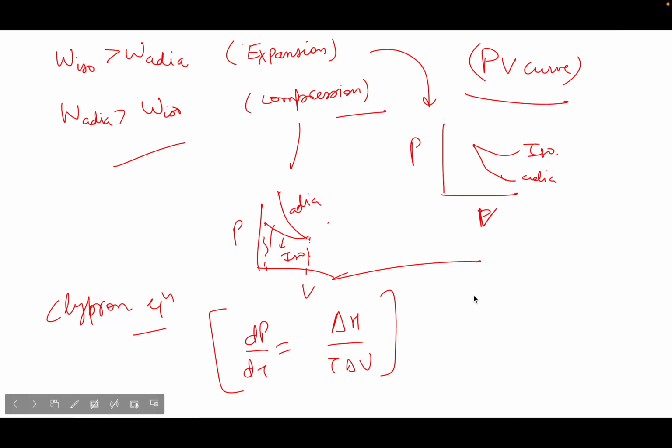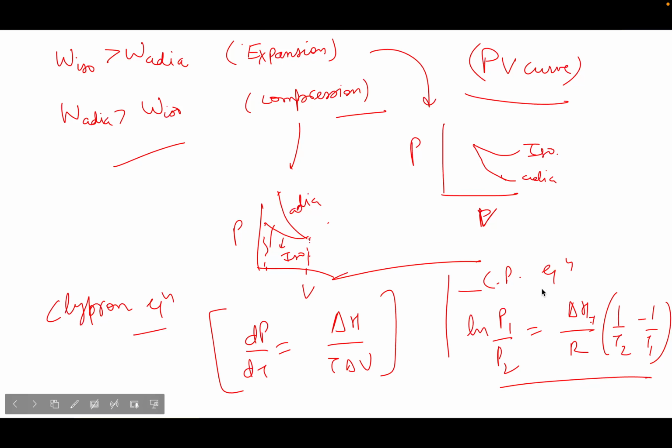The Clausius-Clapeyron equation is ln(P1/P2) is equal to ΔH upon R times (1/T1 minus 1/T2). So this is the Clausius-Clapeyron equation.